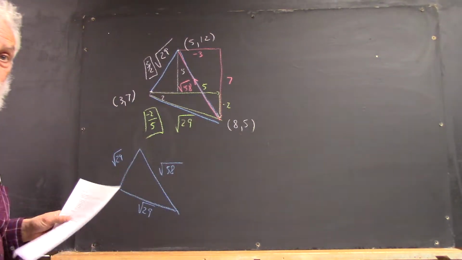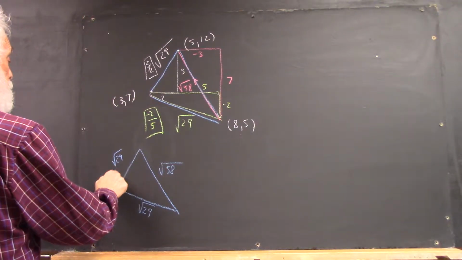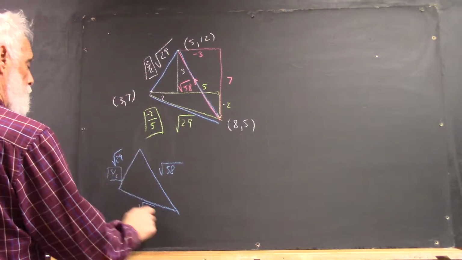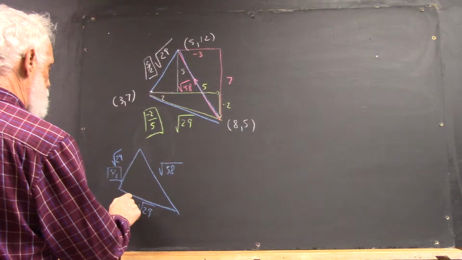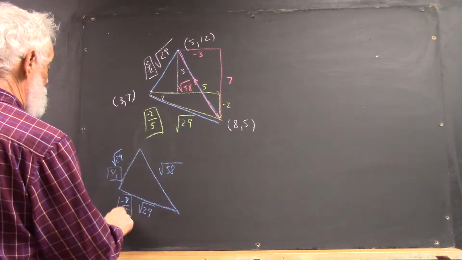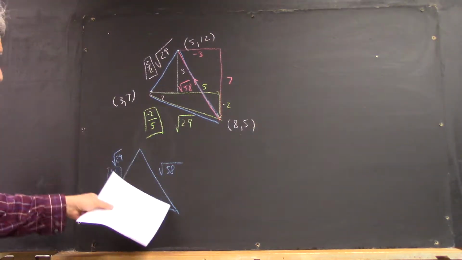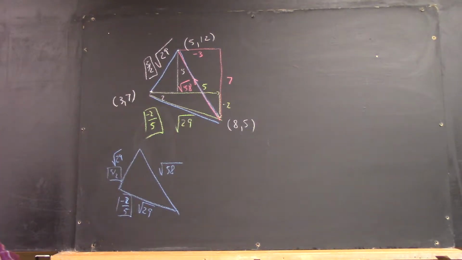Right? I've also got a slope here, we might as well put that in. That's -2/5, right? And here I want to write down 5/2. Okay, and the slope of this one doesn't matter, okay?